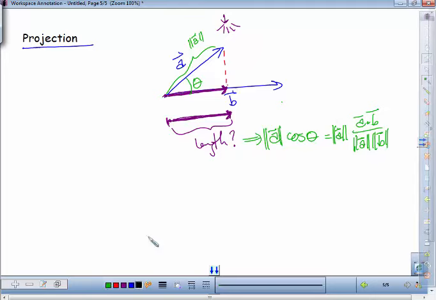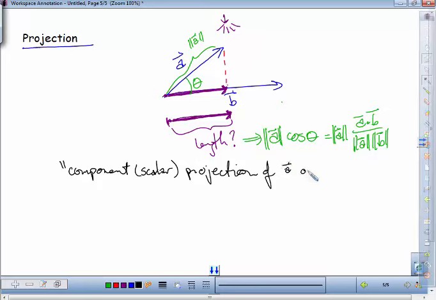So this length over here has a special name, and this is the component or scalar projection of A onto B. The symbol for this is COMP for component, projection of A onto B, and B becomes a subscript.